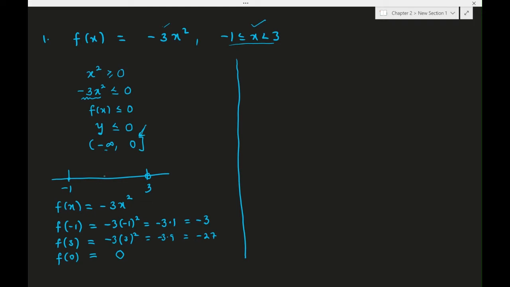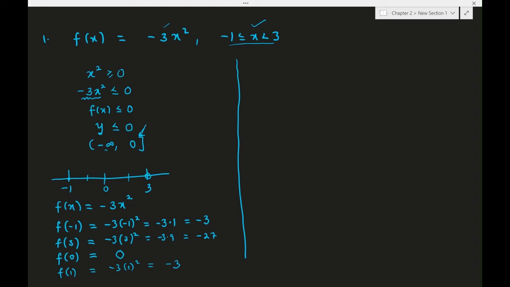We can try as many numbers as we want. Let's say I try f of 1, which is between 0 and 3. If you try f of 1, you're still going to get minus 3 times 1 squared, which is also minus 3.